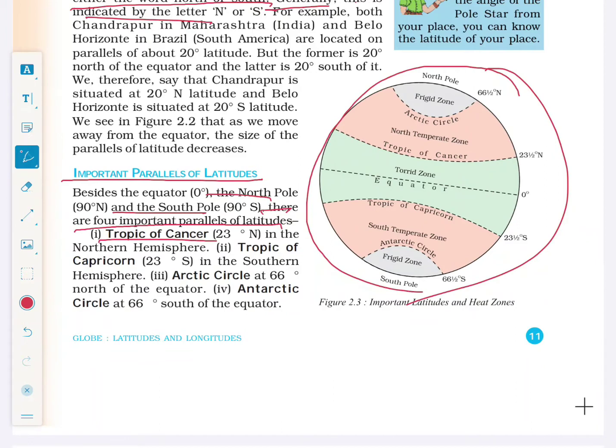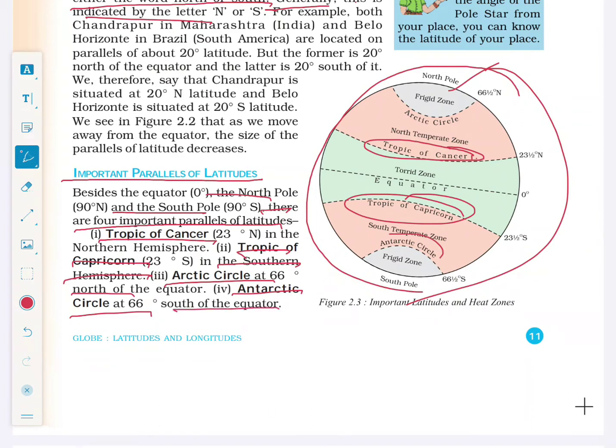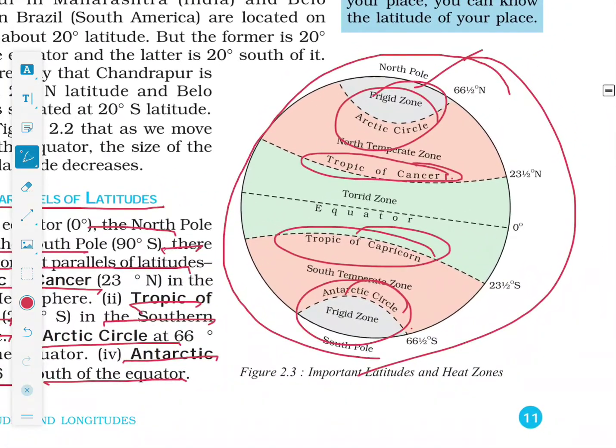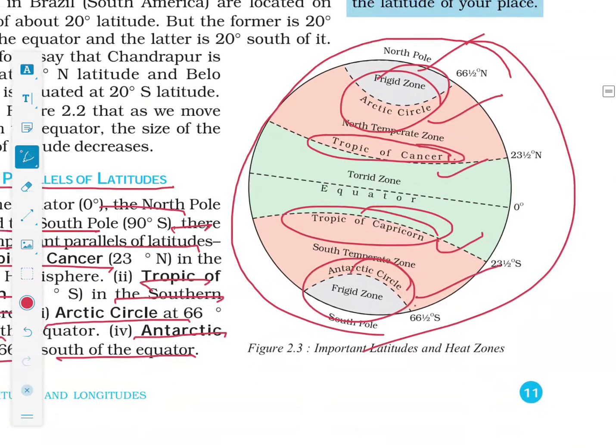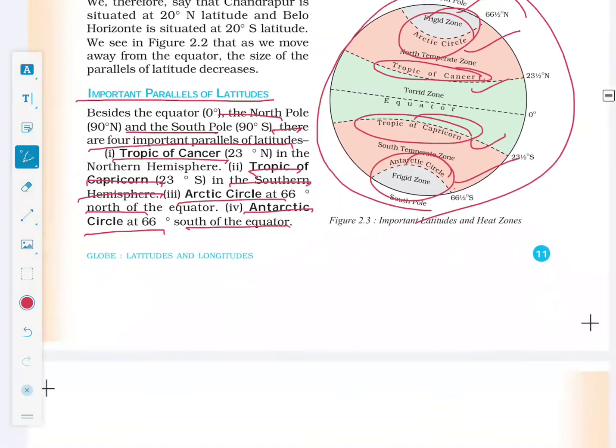Number one is Tropic of Cancer in the northern hemisphere, Tropic of Capricorn in the southern hemisphere, Arctic Circle at 66 degrees north of the equator, and Antarctic Circle at 66 degrees south of equator. Tropic of Capricorn, Tropic of Cancer, Arctic Circle, and Antarctic Circle. These are the important latitudes.